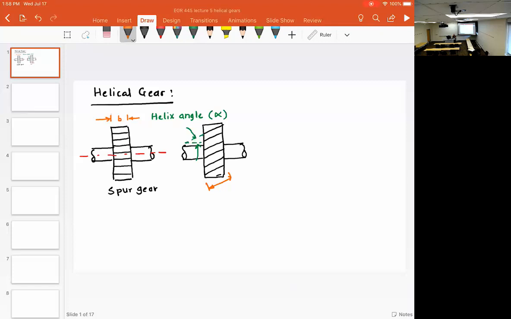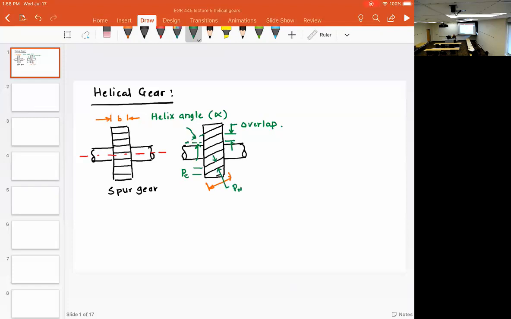Now, in the case of helical gear, there is a concept which is called overlap, and I would just write it here. This is called the overlap. Then there is the circular pitch, PC, and there is something called the normal pitch, PN.